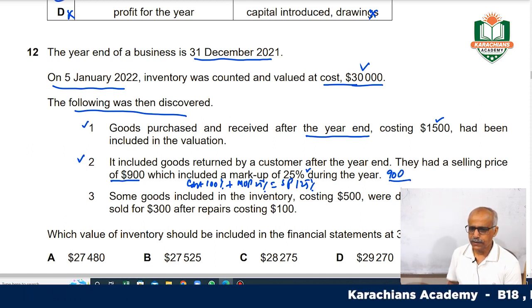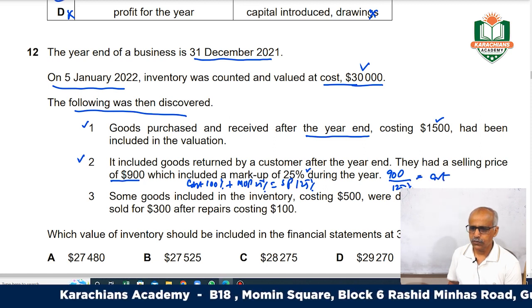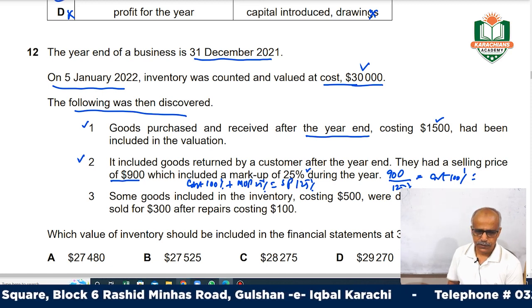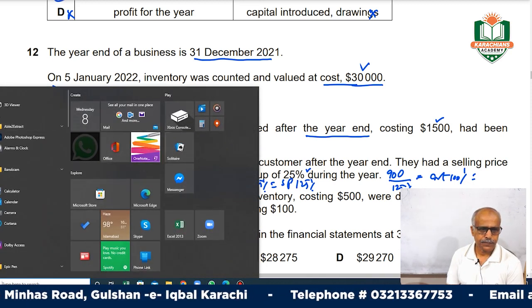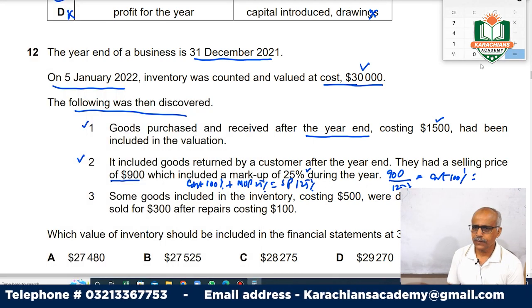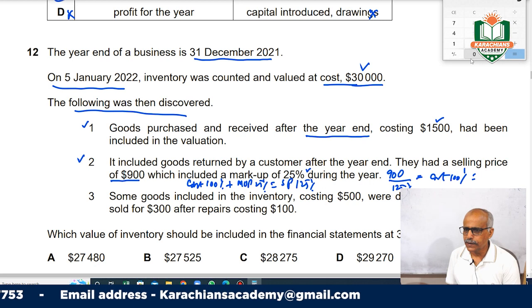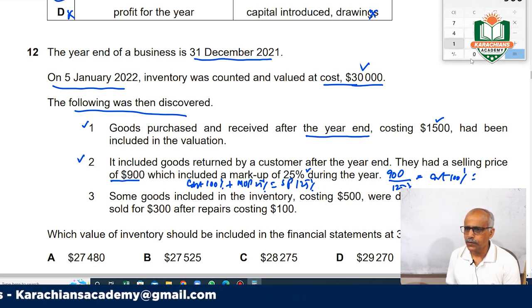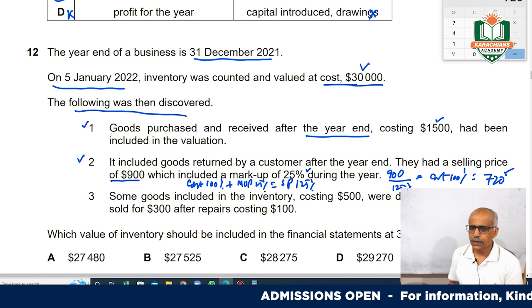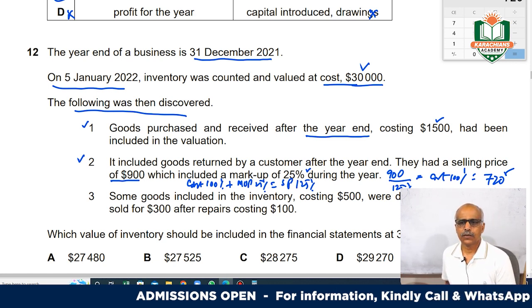So simply divide this 900 by 125% and you will get the 100% cost, which is 720. So this is again inventory.